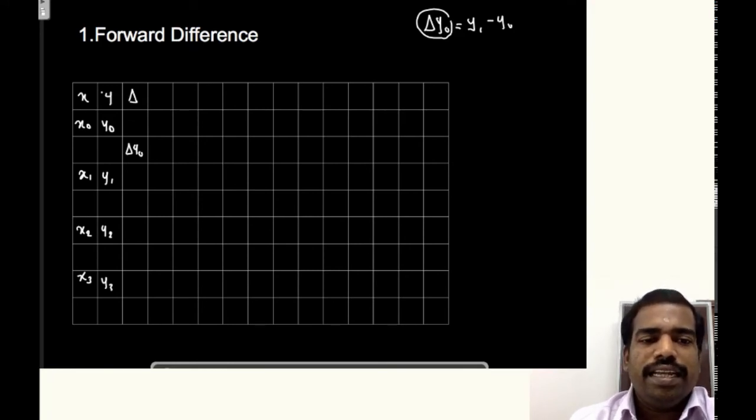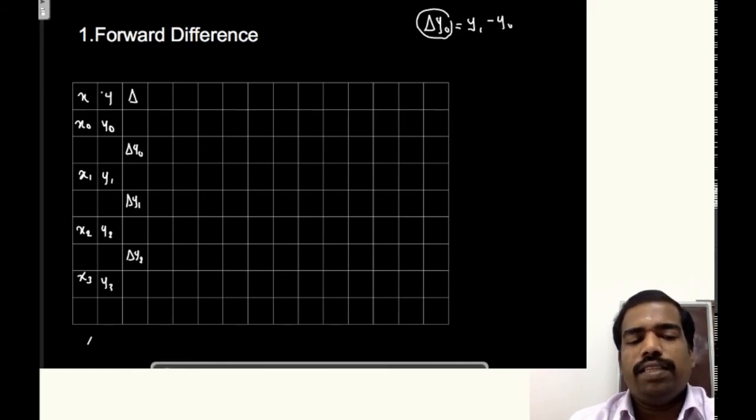So next, for y2 minus y1, here you have to write delta y1. Hope you understand. In this way we can construct the forward difference table. So here you have to write delta y2. So if you have some other values x4, y4, here you have to write delta y3. But here we can write only up to delta y2. No way to write delta y3 because there is no y4 value.